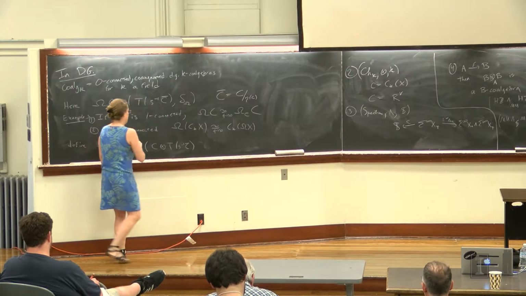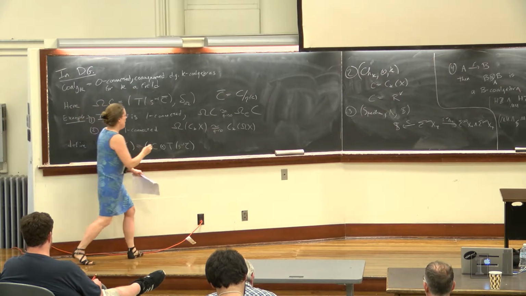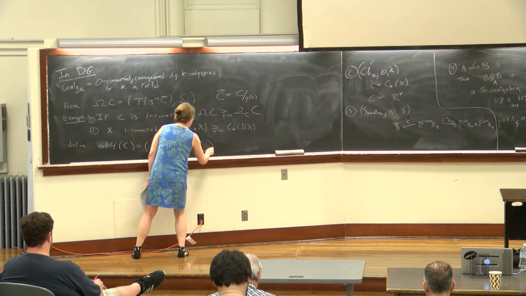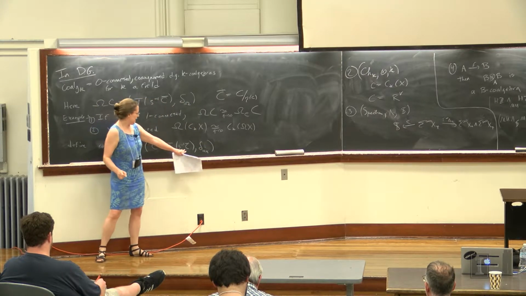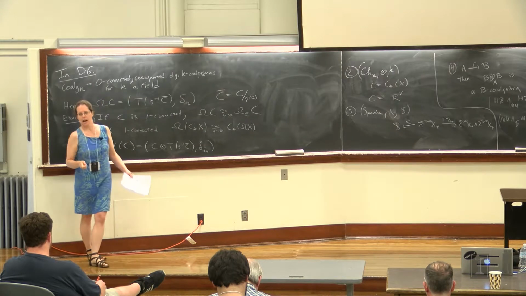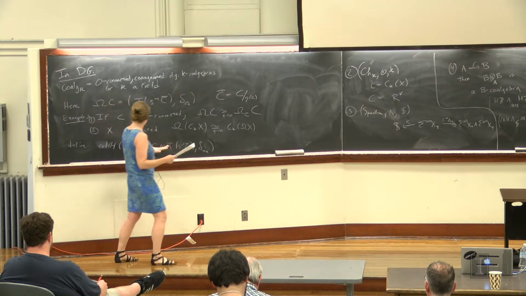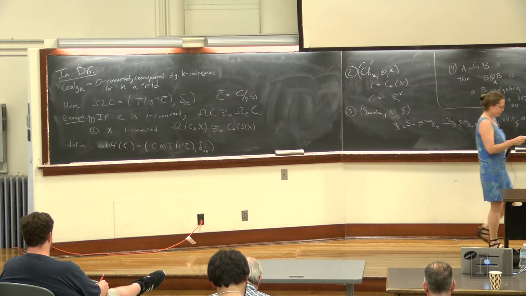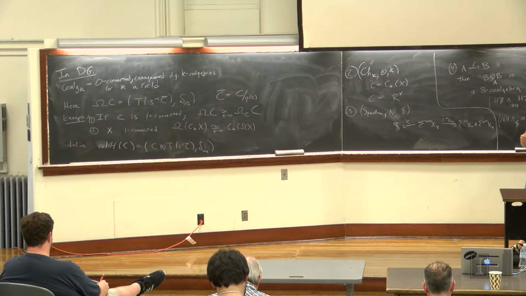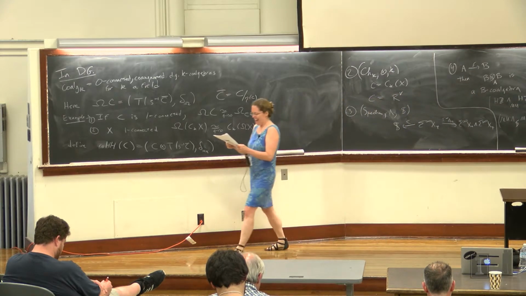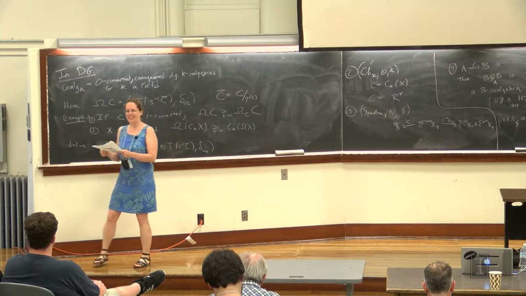So I'm adding in a copy of C, and again, the differential is given by combining the internal differential and the differential that comes from the Hochschild complex. So again, this is the usual definition of co-Hochschild homology. That was a lot of definitions. Hopefully some examples will keep you awake on a Friday afternoon.